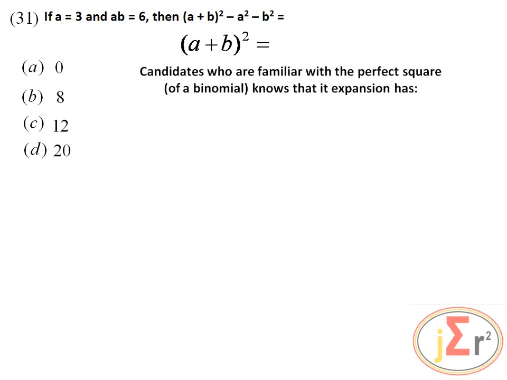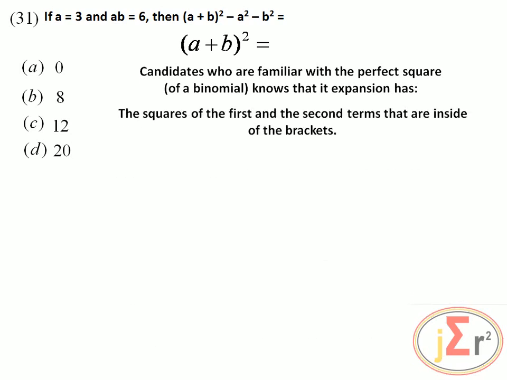Candidates who are familiar with the perfect square of a binomial know that its expansion has the squares of the first and the second terms that are inside of the brackets. So we have (a plus b) all squared.